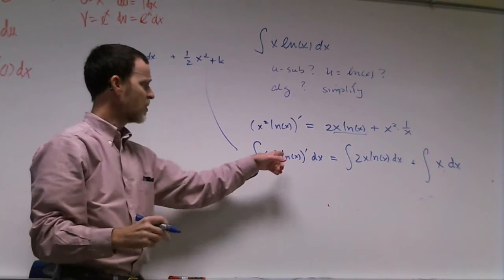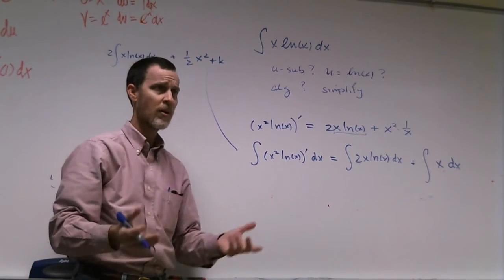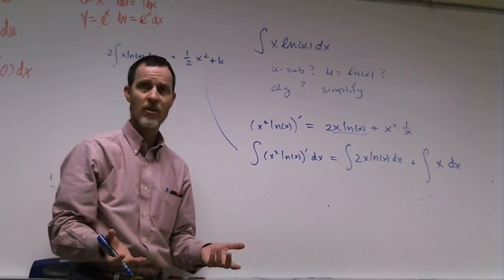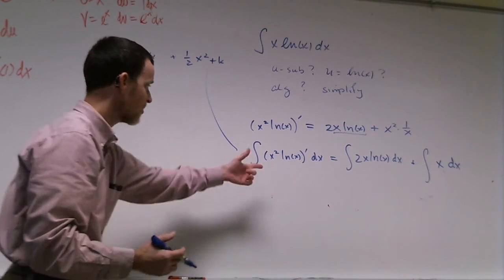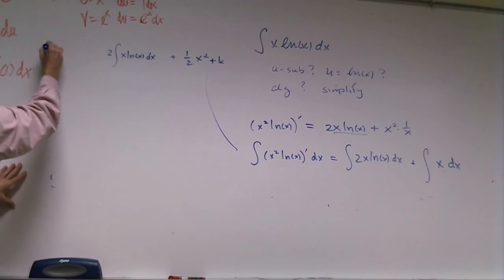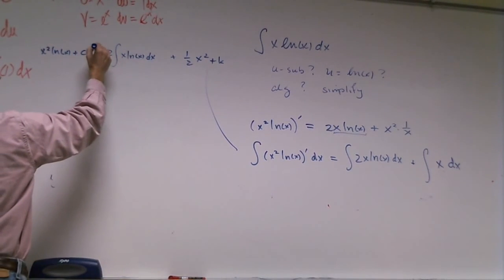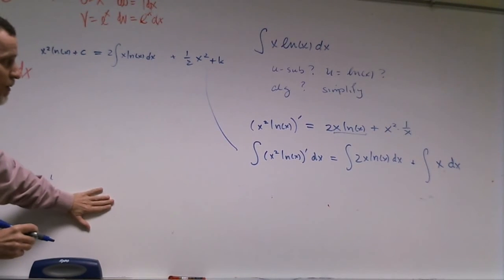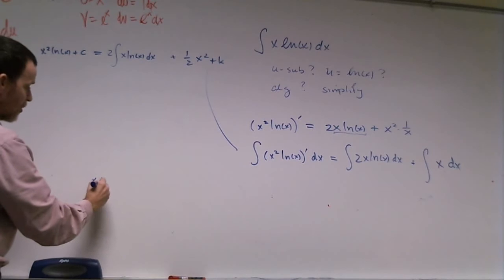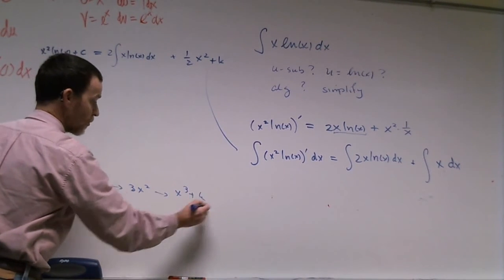Well now, if you take the derivative of something, and then you take the antiderivative, where are you? Back where you started. You go around in circles, right? So this is easy to integrate because it is just this. And I am going to put a little constant in there. Because if you take the derivative of x cubed, you get 3x squared, and when you take the antiderivative, well, there's lots of them, right?